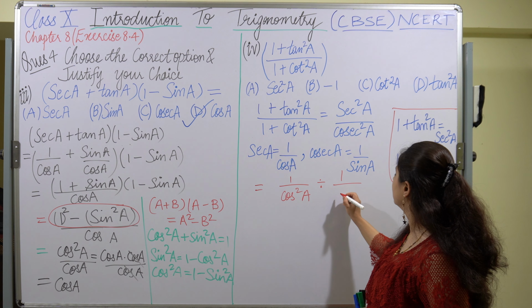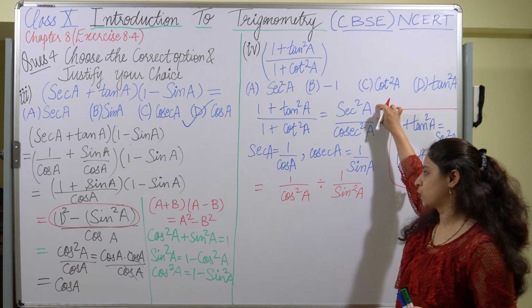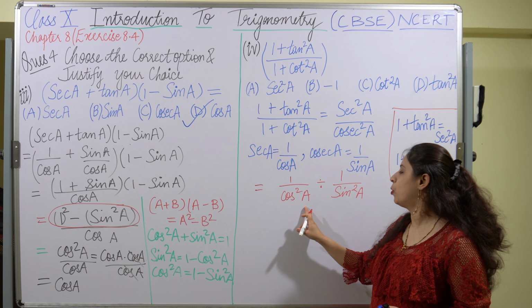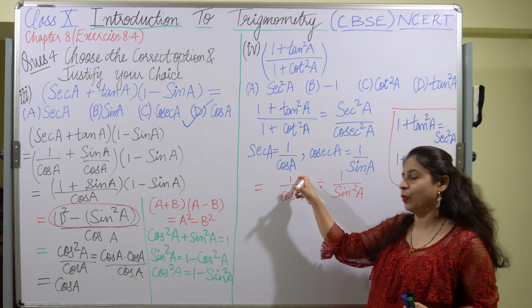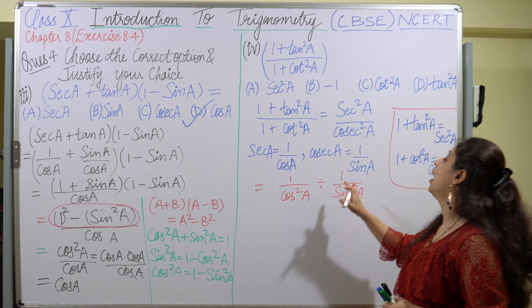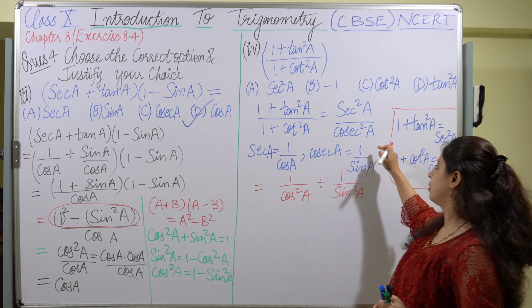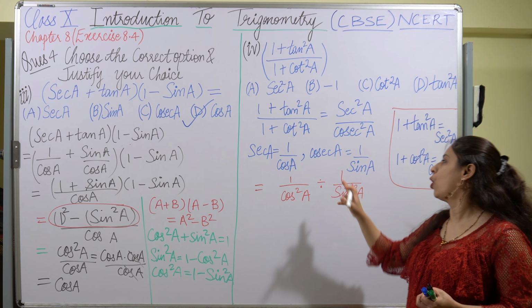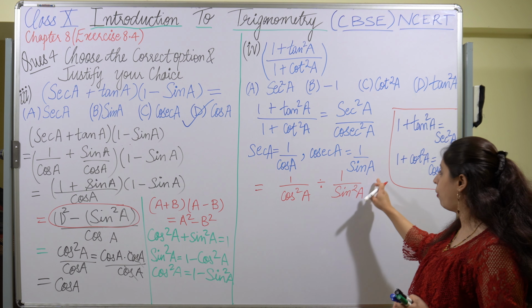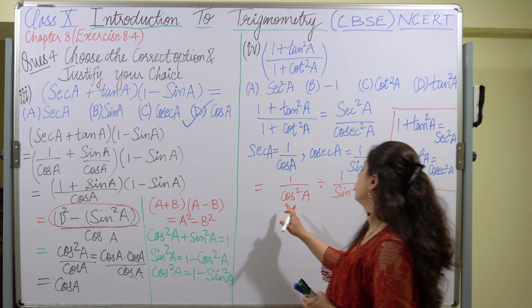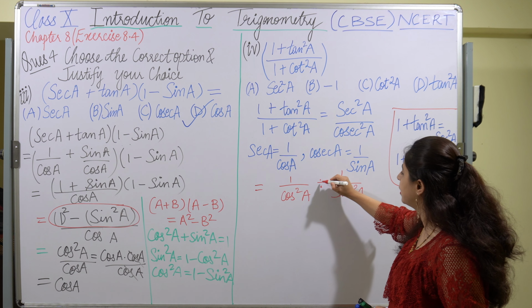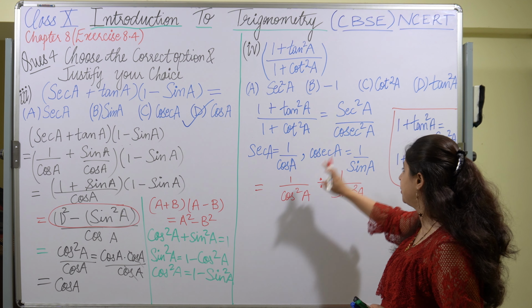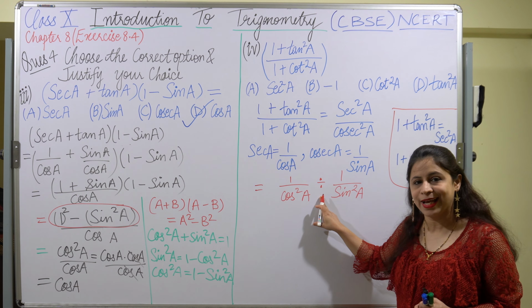In the place of sec square A, we can write 1 upon cos square A because sec A is equal to 1 upon cos A. And cosec square A is written as 1 upon sin square A because cosec A is equal to 1 upon sin A. Because they are numerator and denominator, I put a division sign over here.